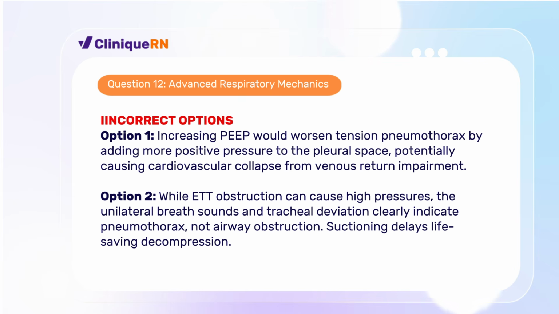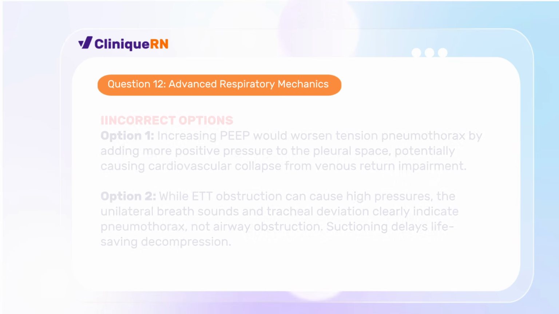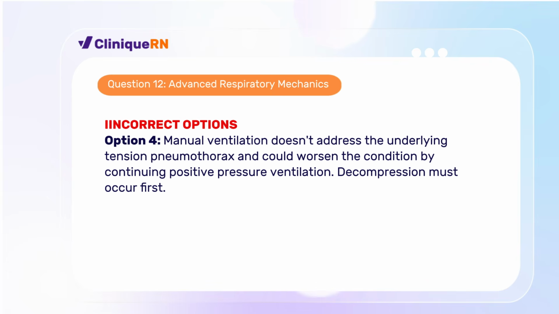While ETT obstruction can cause high pressures, the unilateral breath sounds and tracheal deviation clearly indicate pneumothorax, not airway obstruction. Suctioning delays life-saving decompression. Option 4. Manual ventilation doesn't address the underlying tension pneumothorax and could worsen the condition by continuing positive pressure ventilation.